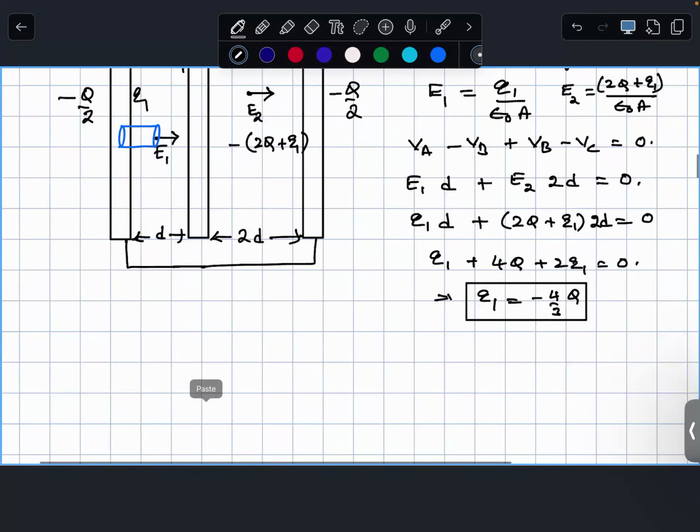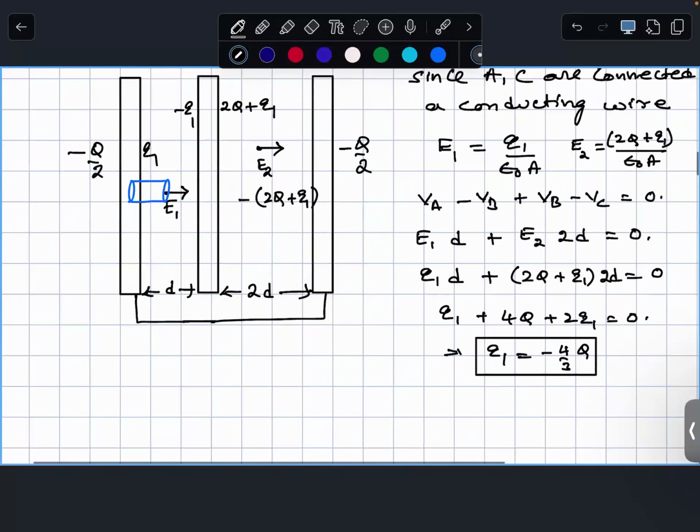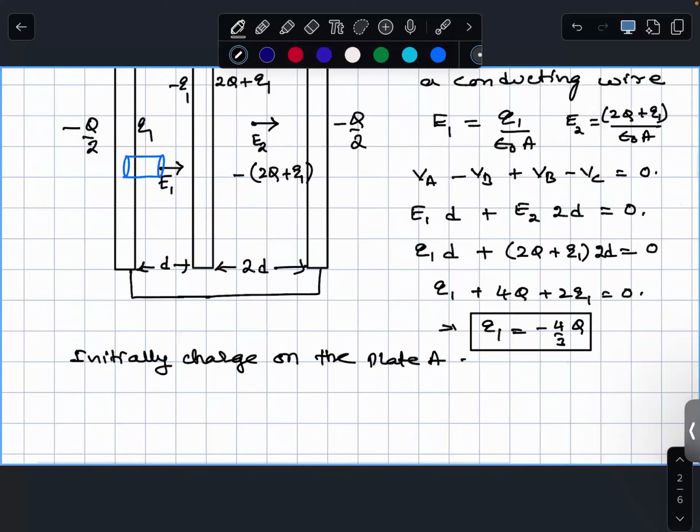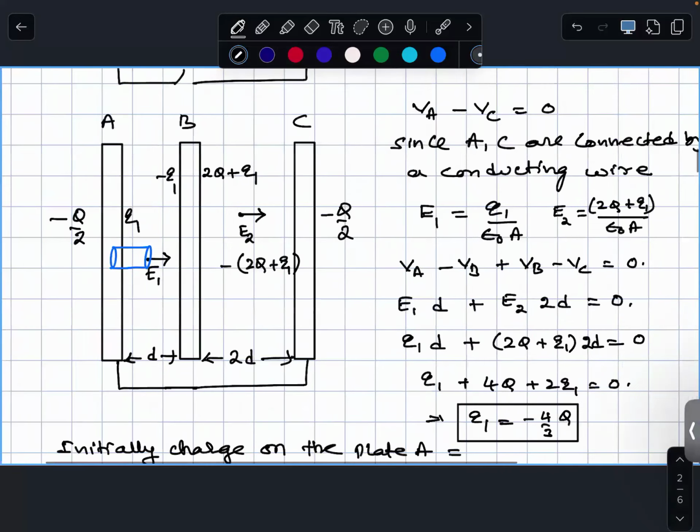Now I have a question. Initially, charge on the plate A. No confusion again. What is the initial charge on plate A? Anyone?